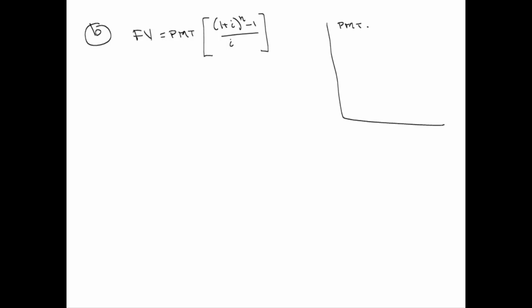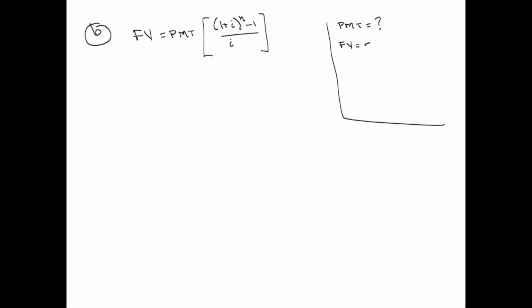Okay, so we have future value is equal to payments times 1 plus I to the n minus 1 all over I. Okay, we're writing down our formula so that we can see everything we need. Now we're going to go off to the side, make sure we know what to put in there. We do not know our payment, so I'll mark that with a question mark. Do we know our future value? Well, yes, we do. We want him to have the same amount as Joe.